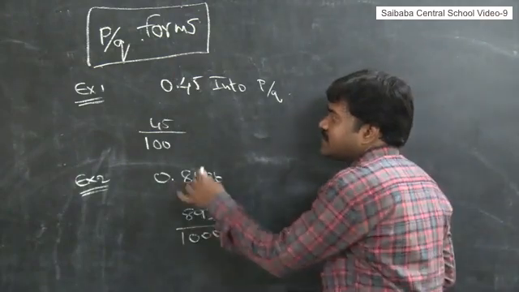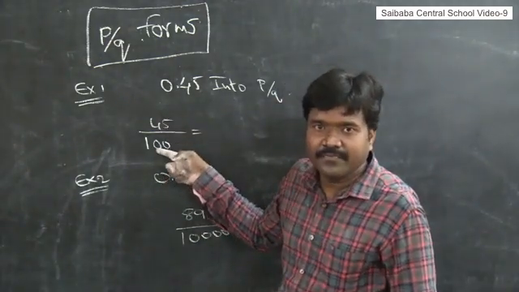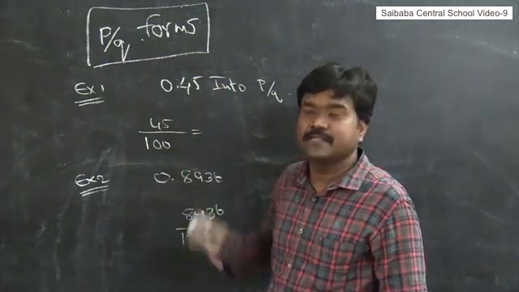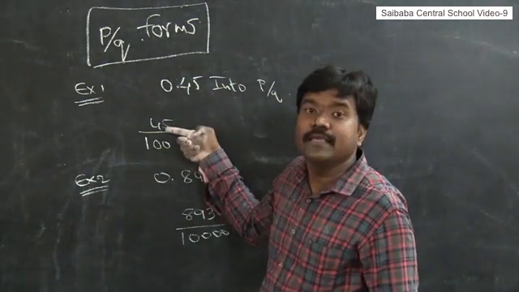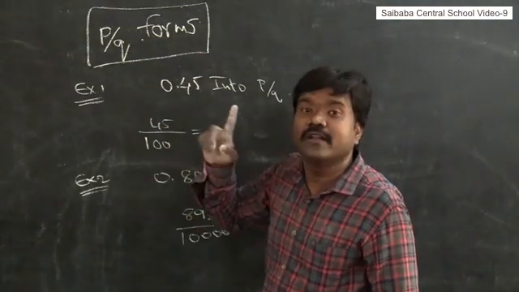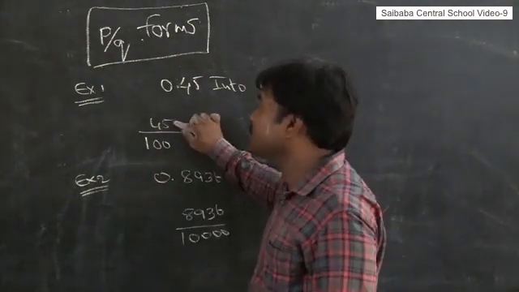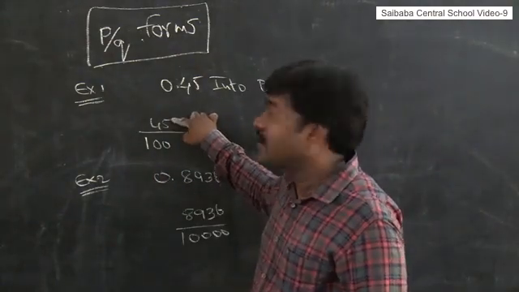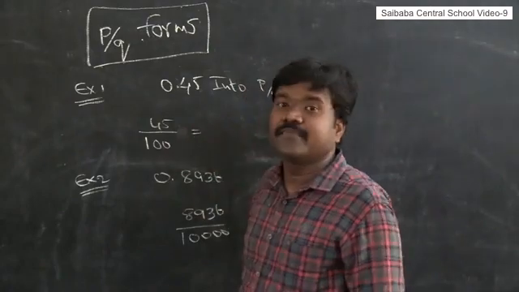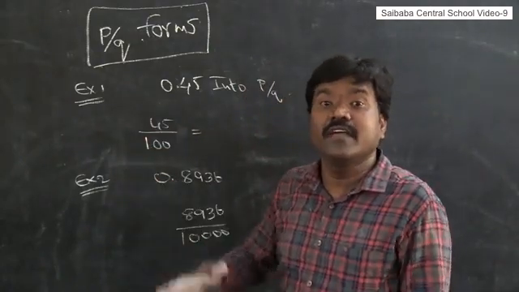Afterwards, this is not in the simplified form. In rational numbers we discussed that the HCF of both p and q should be 1. That means you need to convert it into simplified form. This is also a rational number, but it is an equivalent fraction.